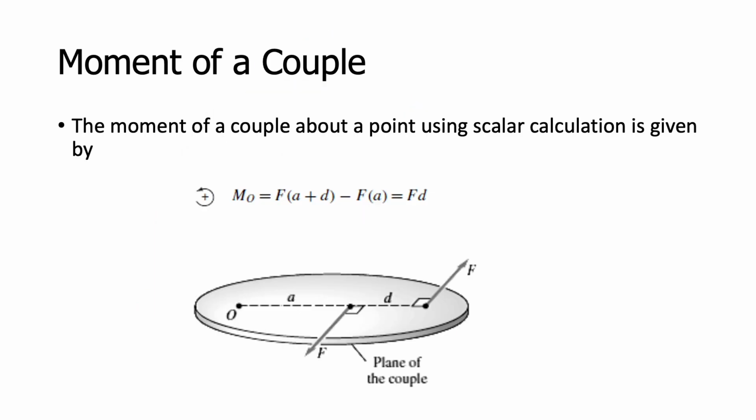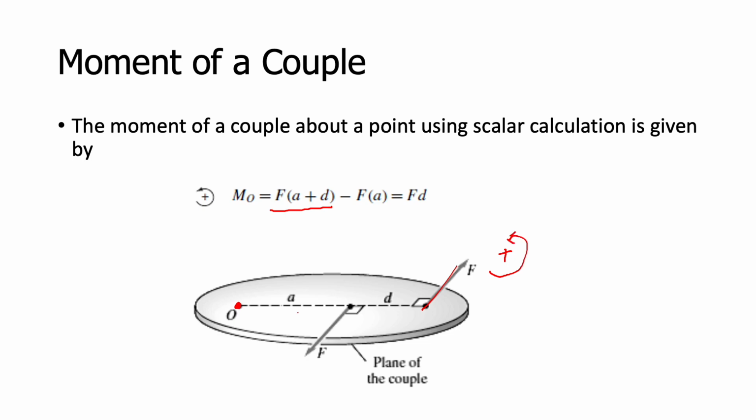So for us to calculate the moment of a couple about a point using scalar calculations, we have to add the moment caused by each force. So for example, here the first moment is caused by this force multiplied with the distance from this point O, so that's A plus D, and that causes a positive moment since it causes a counterclockwise rotation.